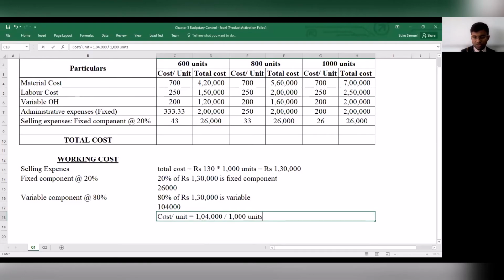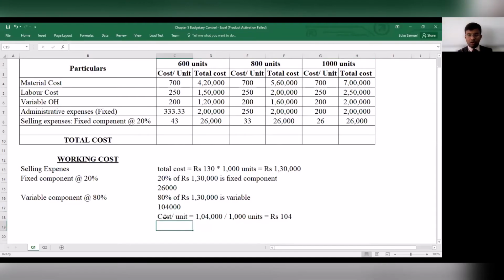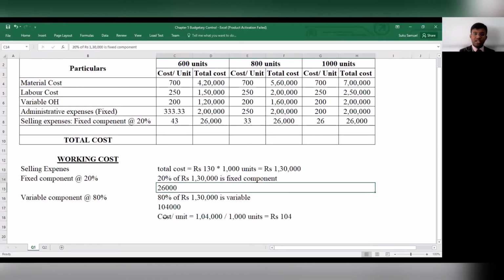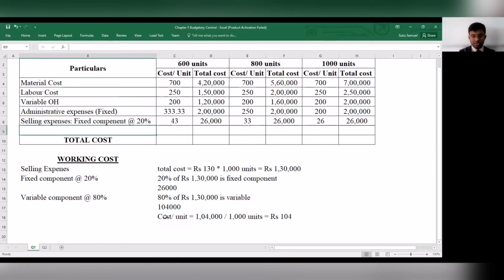So this will work out to be 104. Okay, so 104 is your selling expenses variable component.